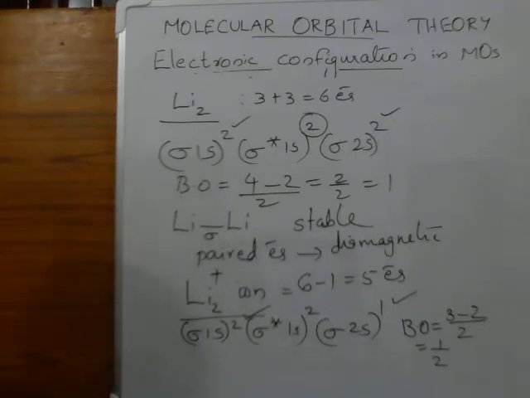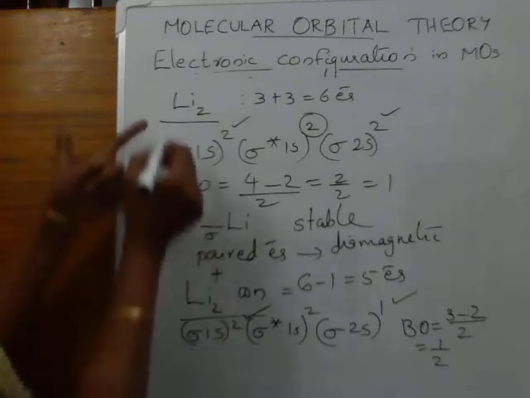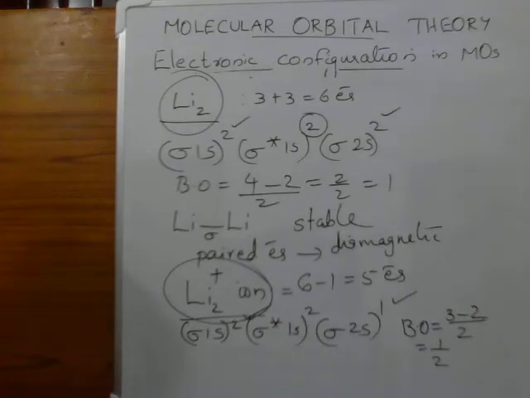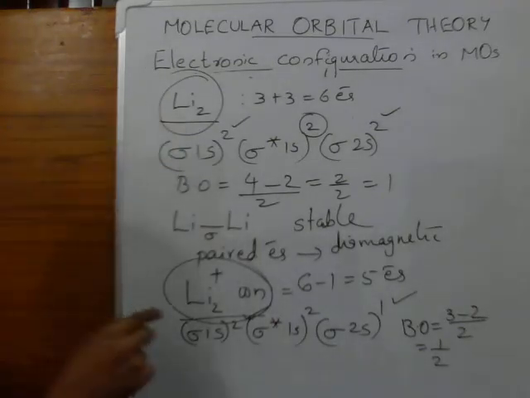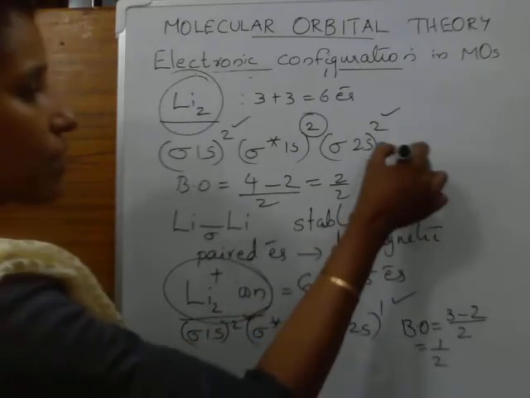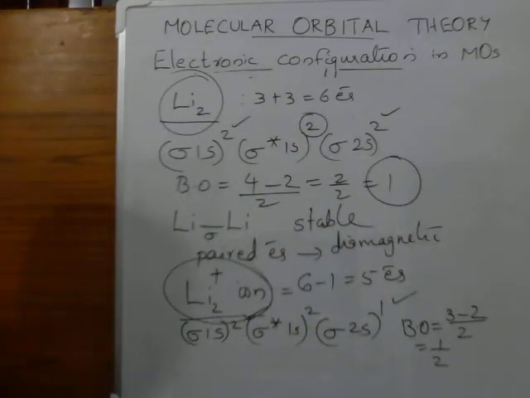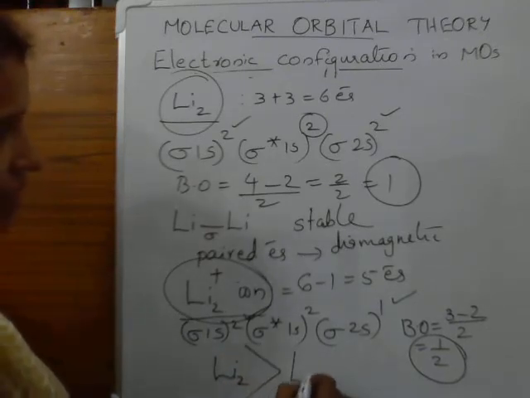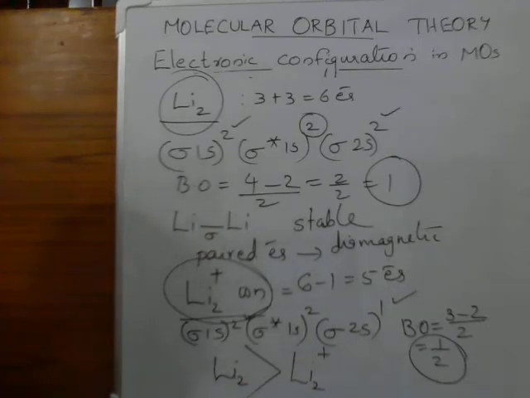When you compare the stability of Li2 and the Li2 plus ion, which is more stable? You need to compare the bond order. For Li2 molecule, bond order 1. For the ion, bond order half. So which is more stable? Li2 molecule will be more stable than Li2 plus ion.